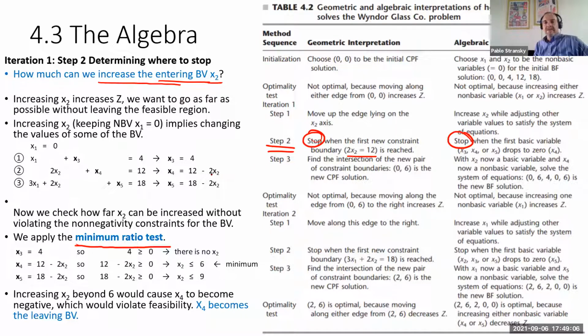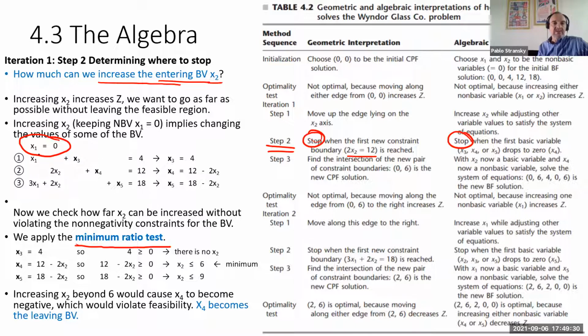Now, bringing back our system of equations, if you remember, we said before that x1 and x2 were 0. Now, because x2 becomes an entering basic variable, now we only stay with the x1.